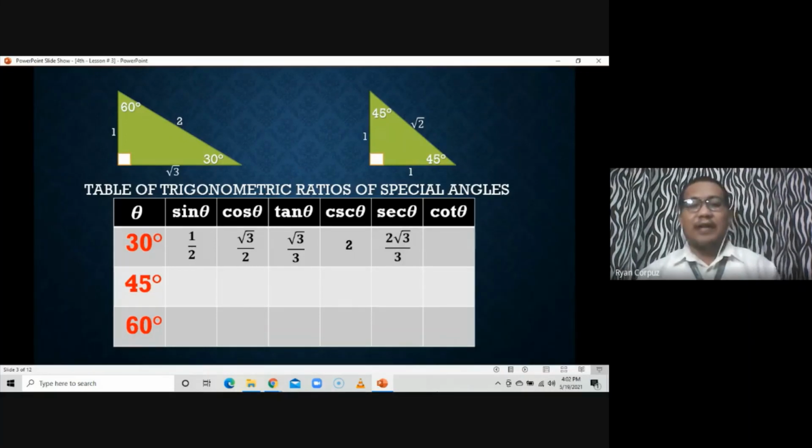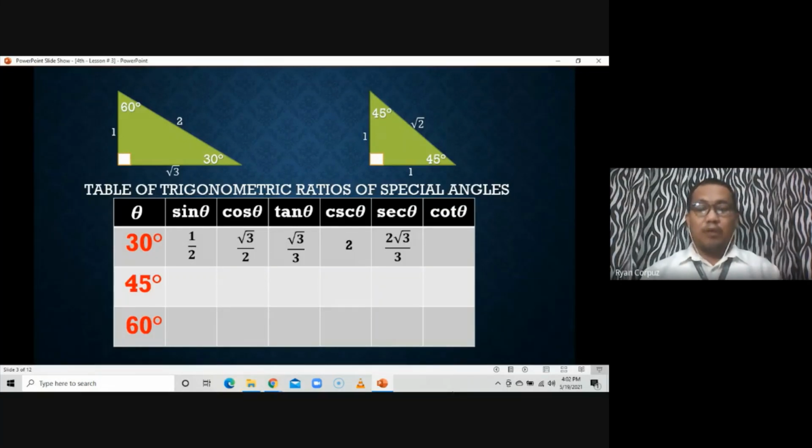How about the cotangent? So, cotangent 30 degrees. Yung cotangent 30 degrees, di ba? Sinimplify natin to eh. Pero yung original niya comes from opposite over adjacent. Opposite 1 over square root of 3, di ba? 1 over square root of 3. Eh, ang cotangent is the opposite of tangent.